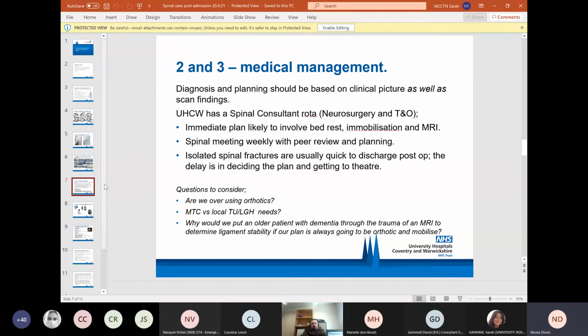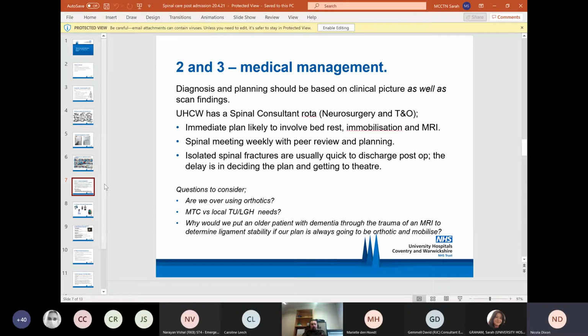The problem with it being once a week is that it's really unfortunate if you were to have your injury on the Friday, because you're now looking at a week immobilized on bed rest and potentially having an unnecessary MRI while we wait for the meeting the following week. The interesting point around all of the medical management side of things is actually that the longest period of time for patients with spinal fractures is getting the plan.